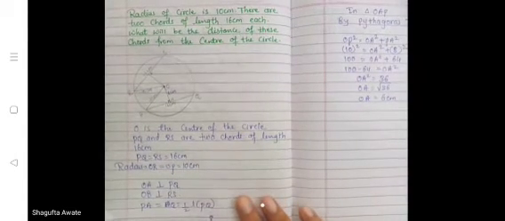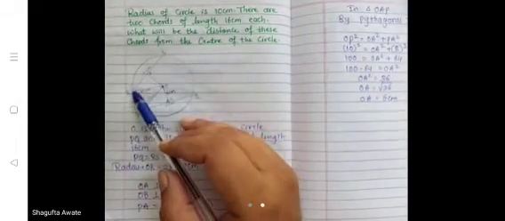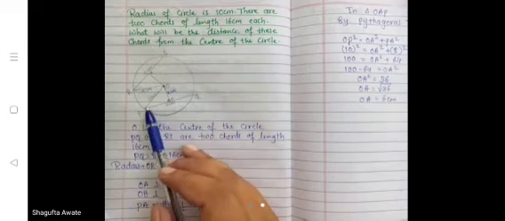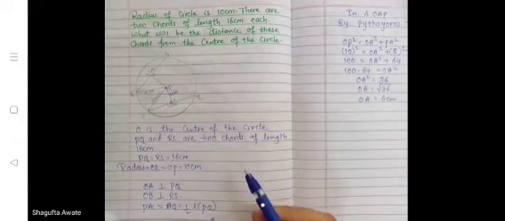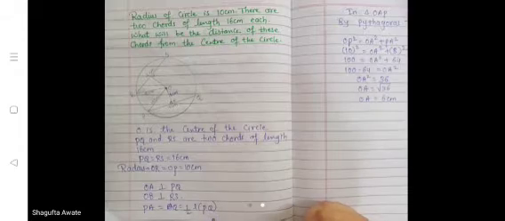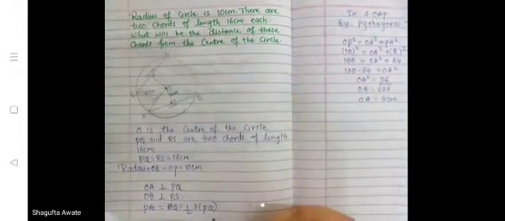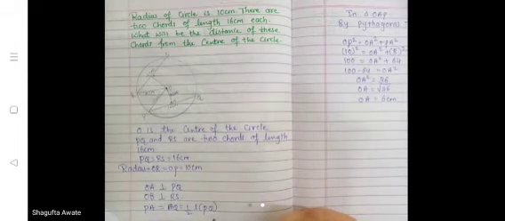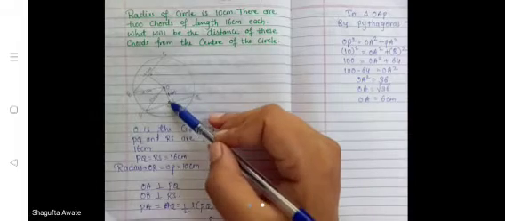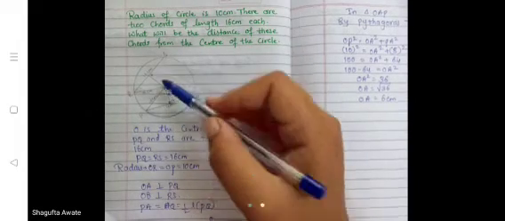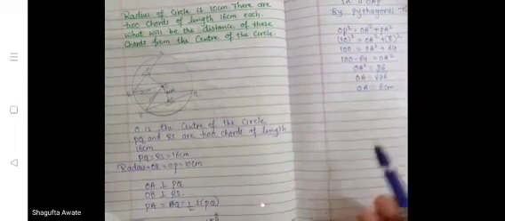Now see, both the chords are of equal length. These two chords are of equal length. RS is also of 16 centimeter. PQ is also of 16 centimeter. So congruent chords are equidistant from the center. These two are the congruent chords, and congruent chords are equidistant from the center. This is the property. So if PQ is at the distance of 6 centimeter from the center of the circle, then chord RS is also at the same distance from the center of the circle.